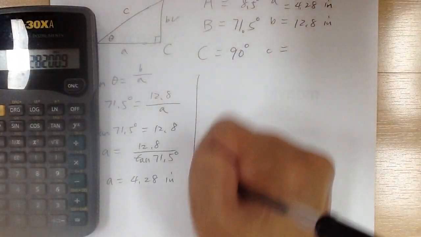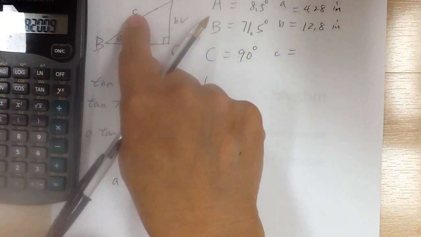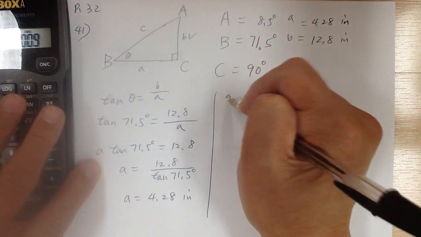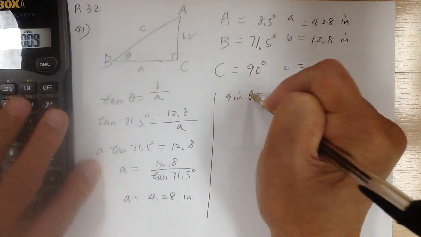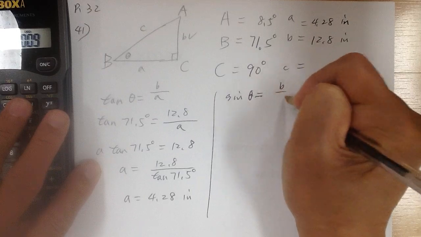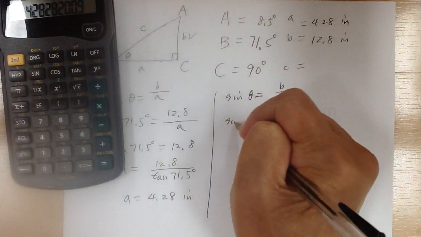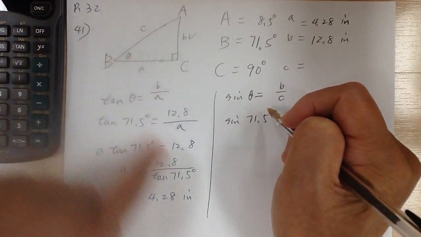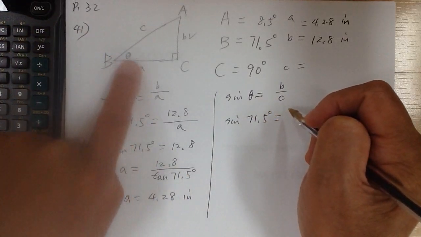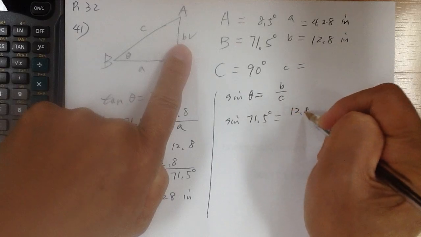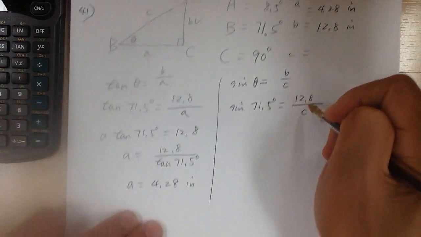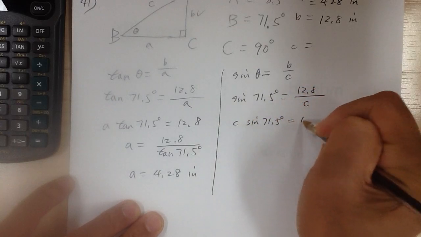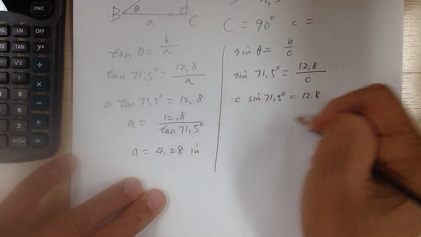Then to find C, the relationship between these two is sine, so I'm going to use sine theta. Sine theta equals B over C. So sine of 71.5 degrees, again theta and angle B are the same, equals 12.8 over C. Cross multiply, and then divide.